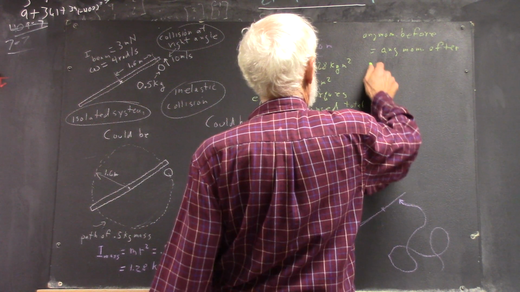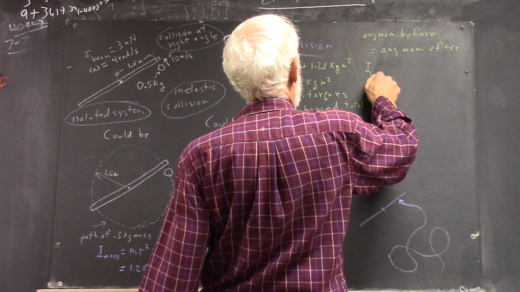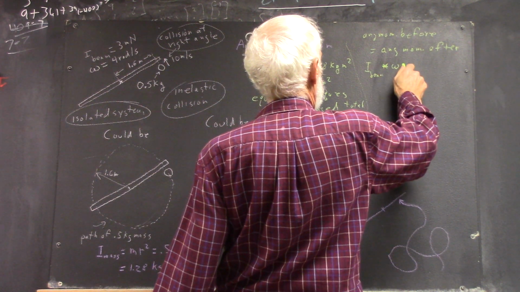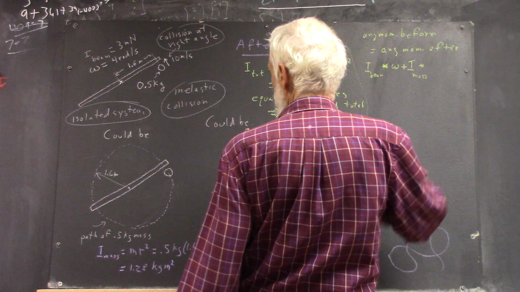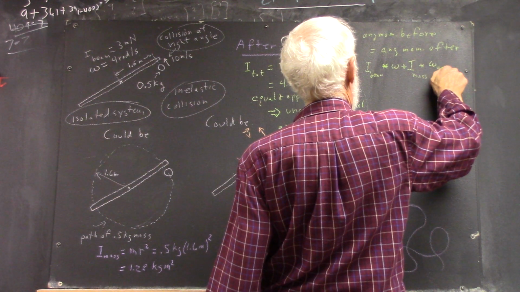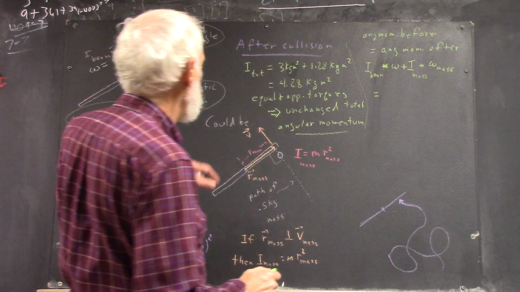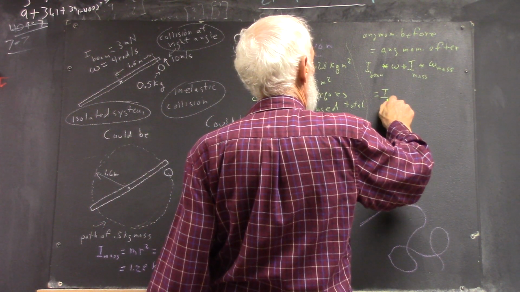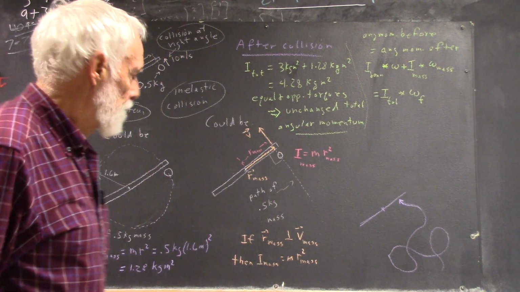So you can say that the moment of inertia of the beam times omega plus the moment of inertia of the mass times its angular velocity equals the total moment of inertia times what we'll call the final angular velocity.